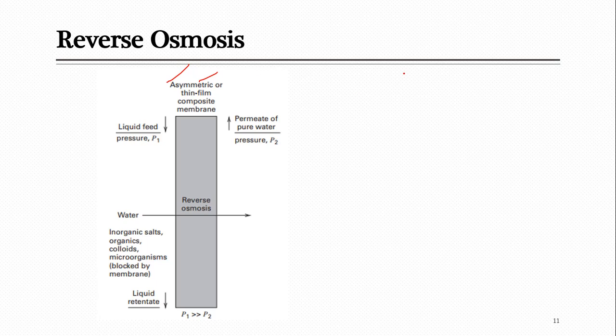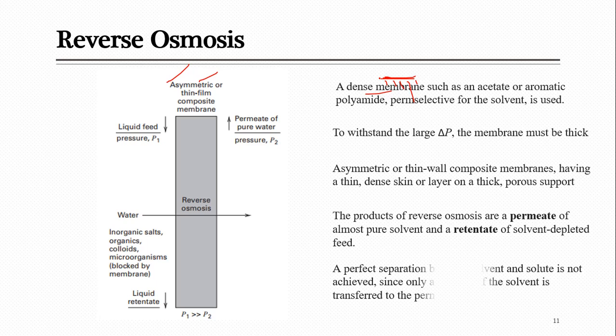Its top layer is a dense membrane, and below that there are porous membranes. Micro and macro porous membranes can be used, and they are used for supporting, not for separation. Only the top layer, which is the active layer, makes the separation. So in order to withstand this high pressure on both sides of the membrane, or transmembrane pressure, we use this.